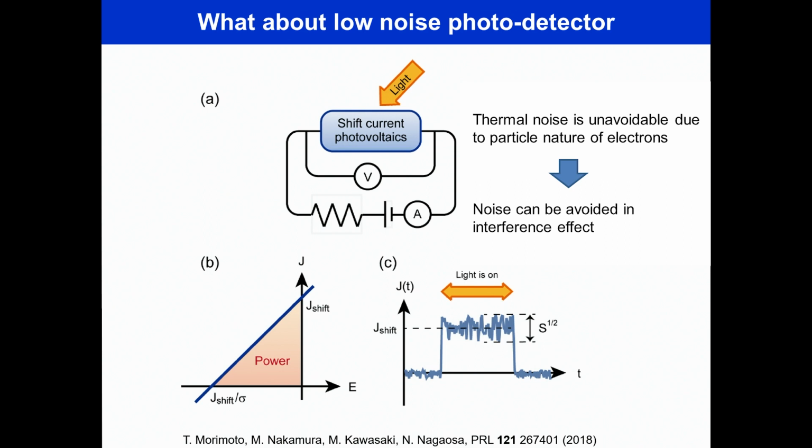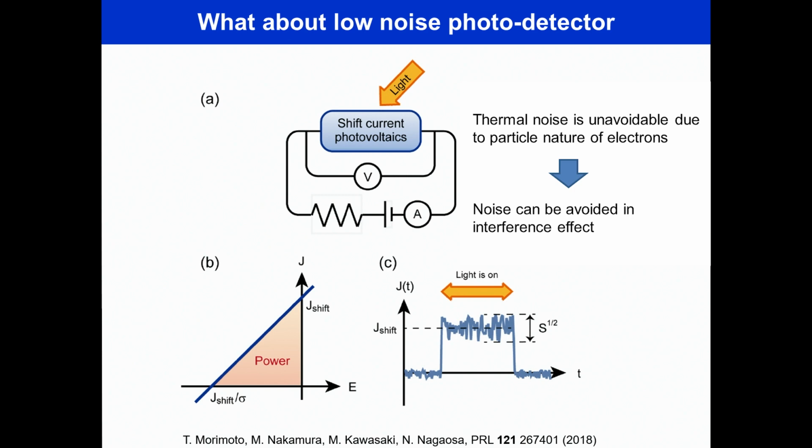I would like to talk a little bit about one more thing: photodetectors. As I mentioned, the electric current in this principle is caused by the interference effect of waves. And in fact, there are photodetectors, for example, optical sensors. When you are communicating with the US through the internet, laser beams are passing through optical fibers on the bottom of the Pacific Ocean.